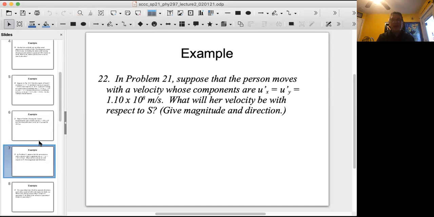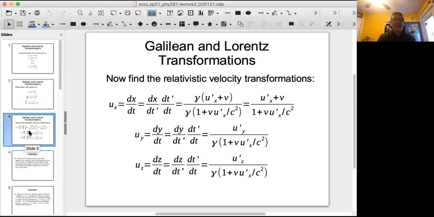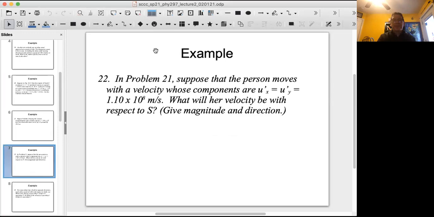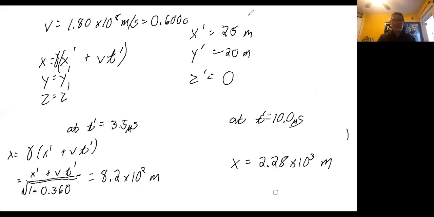So you want ux, uy, and if necessary, uz. So u primed z is 0. But you now have components for ux and uy. So let's figure out what those components are. So let's clear all this.